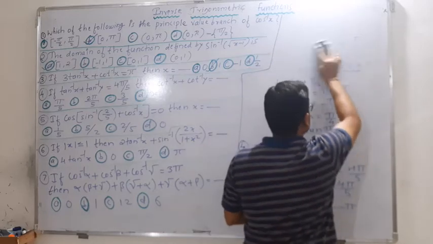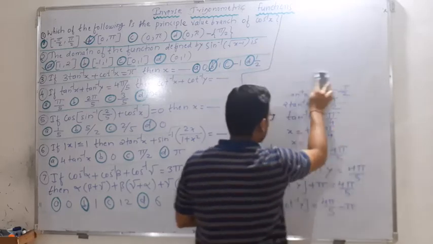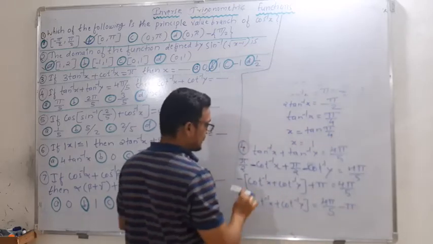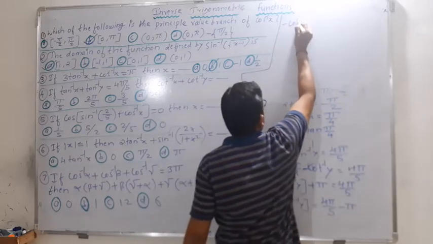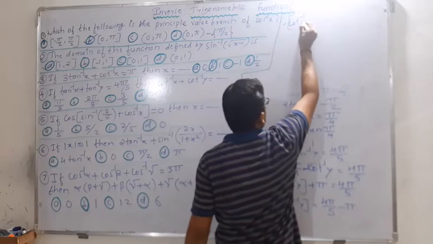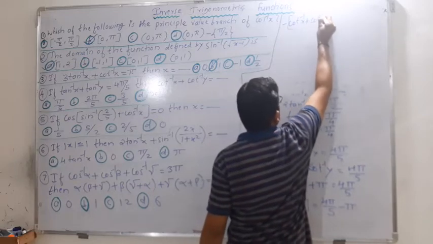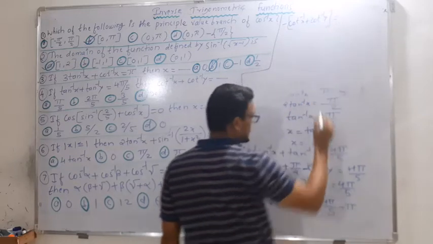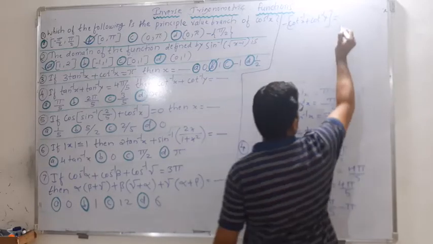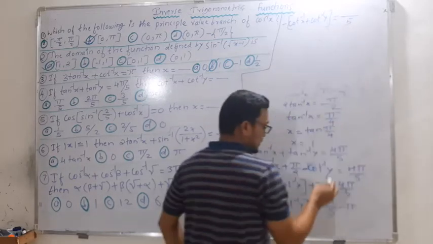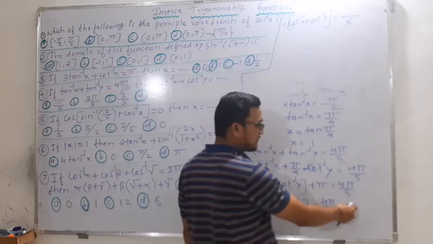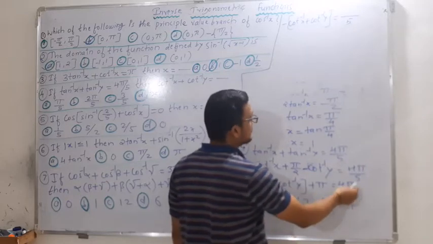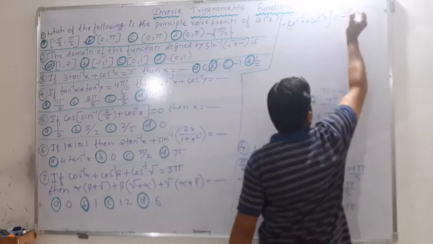Okay. So let me rub this. Yeah. So here minus of cot inverse x plus cot inverse y as it is. What is the subtraction here? LCM is 5. So this 5 will multiply, so it becomes 5 pi. 4 pi minus 5 pi. Answer is minus pi.